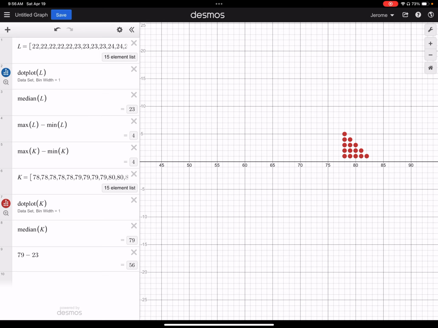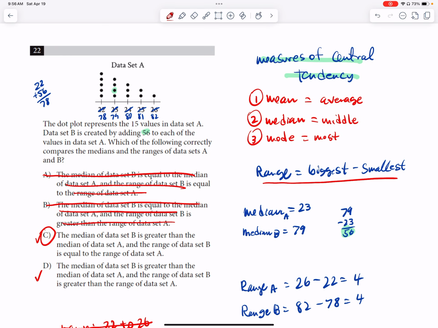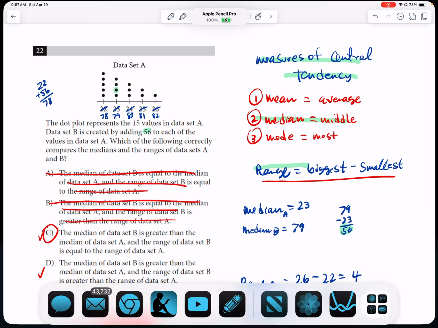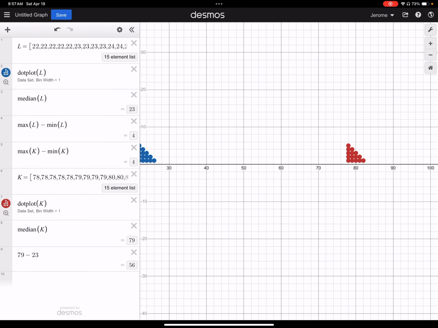Now, one of the things that they could have done with this question, instead of just simply talking about the median and the range, is they could have also done the same kind of thing for mean. So I think this question could be adapted a little bit and mean substituted in that place. Let's see with the data sets that we have in Desmos how that affects each one of these.